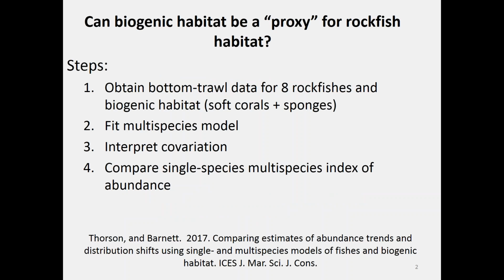Okay, so as I said, the first one was just looking at a specific example of a multivariate spatial temporal model that I did just because I had it written up easier.